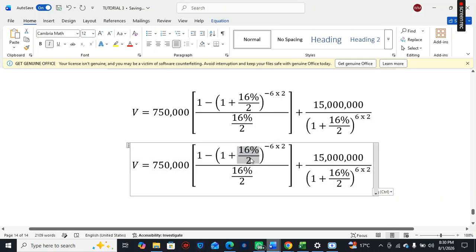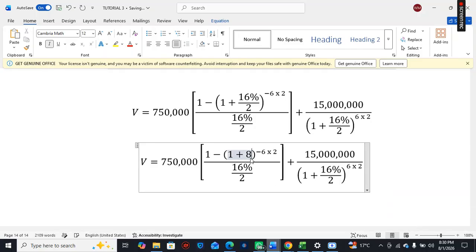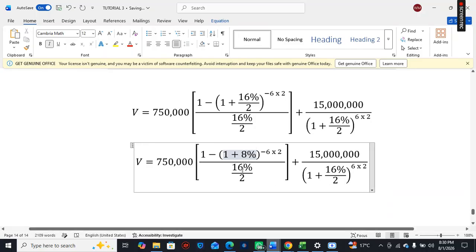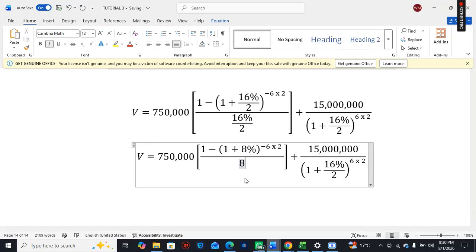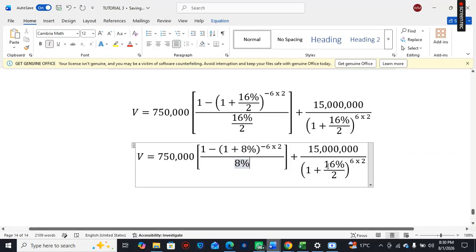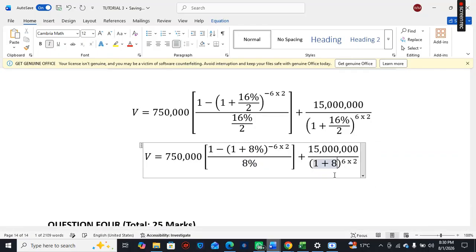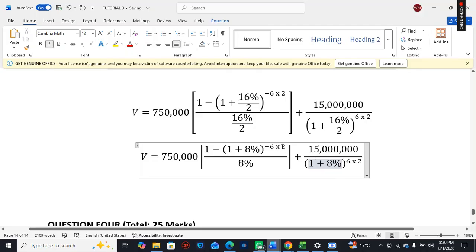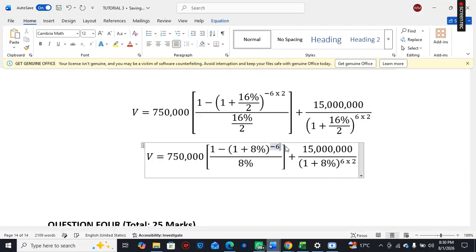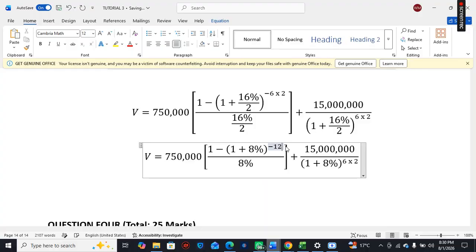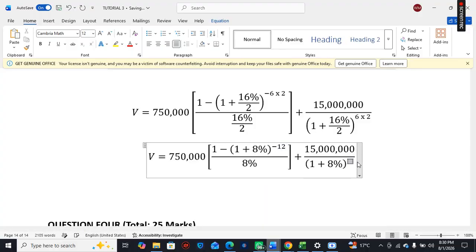So 16% divided by 2, that is 8%. Here 8%. We'll change these percentages into decimals. 8% here on the top, -12, +12.